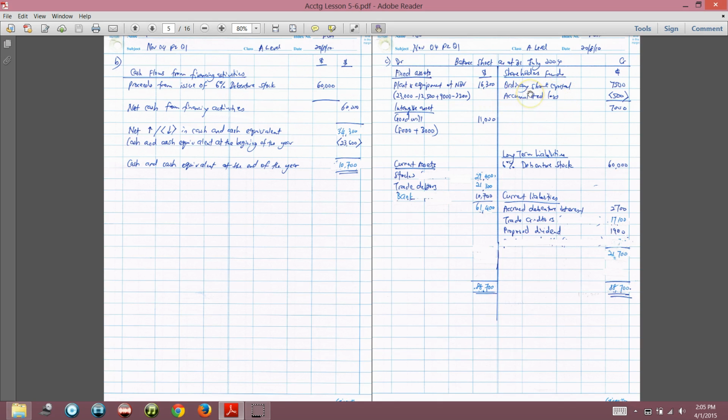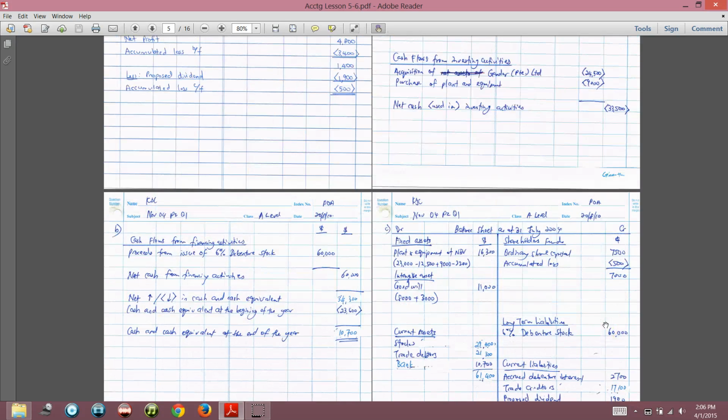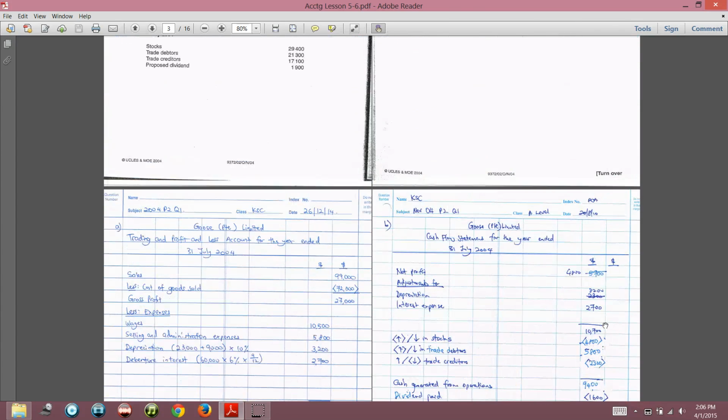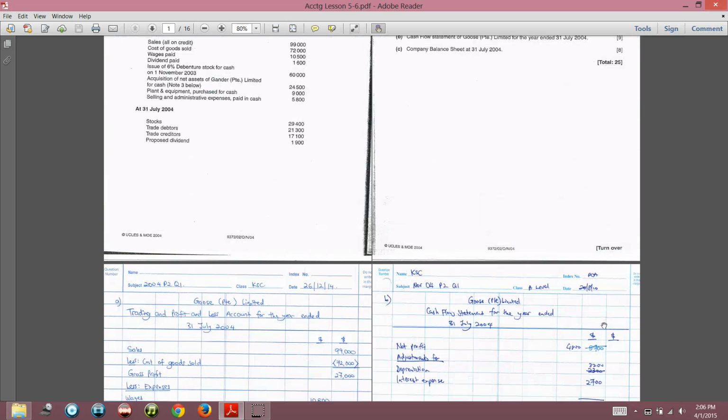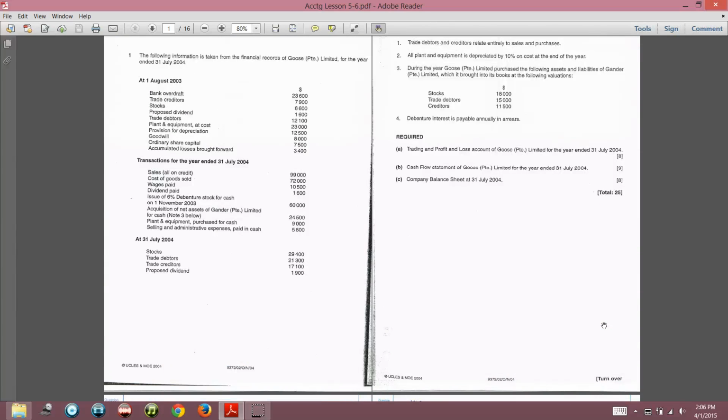I'll just use this format here because it's easy to see the figures on one paper. So the shareholders' fund, long-term liability and current liability should actually be on another sheet of paper so that it will be in a statement format. Once you have laid down all your answers in pieces of paper, I will do what is easiest, so I won't keep flipping.